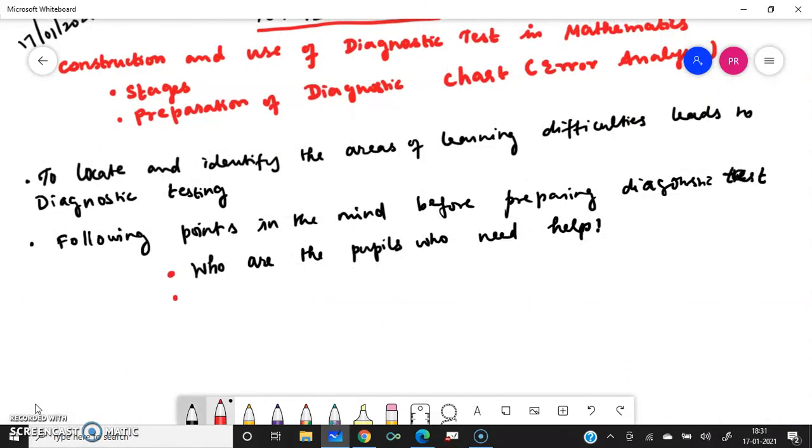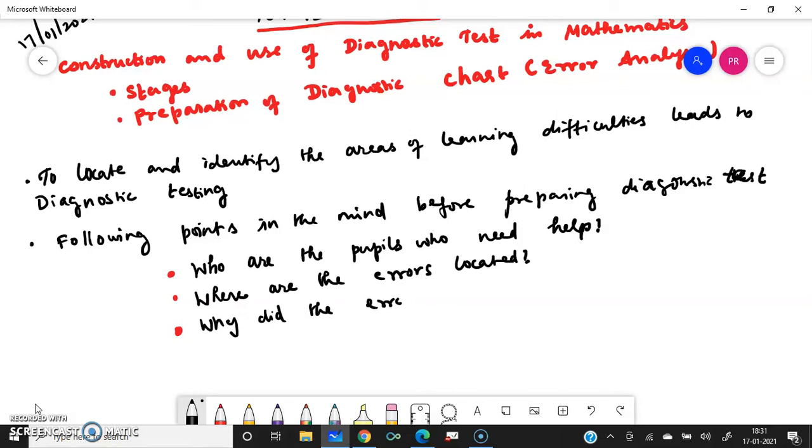Next you have to understand where the errors are, and what sort of errors they are making. The third thing you should understand is why they are making such errors. Why did the error occur?